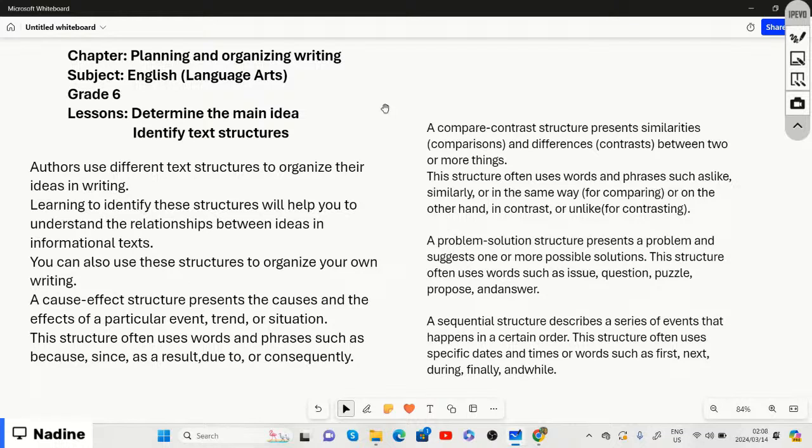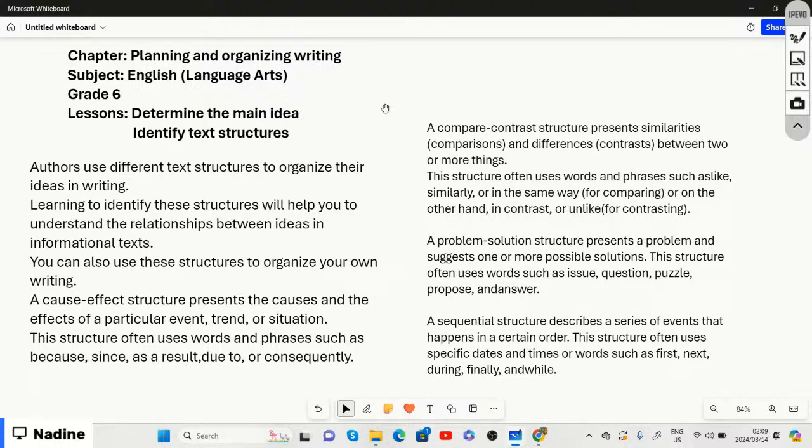And when it comes to text structures, learning to identify these structures will help you to understand the relationships between ideas in informational texts. You can also use these structures to organize your own writing.